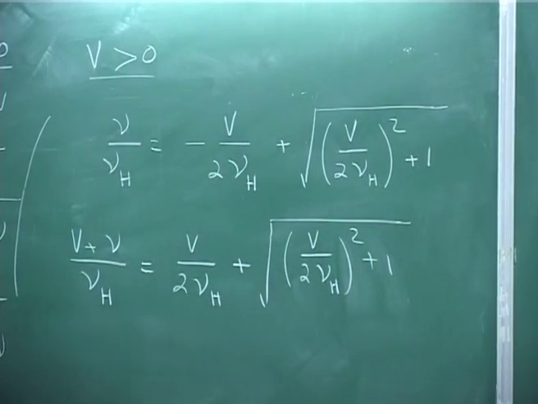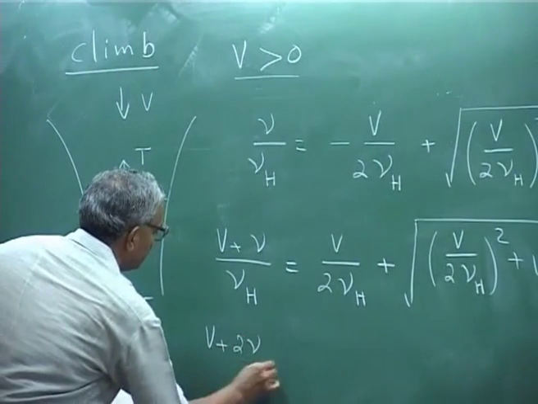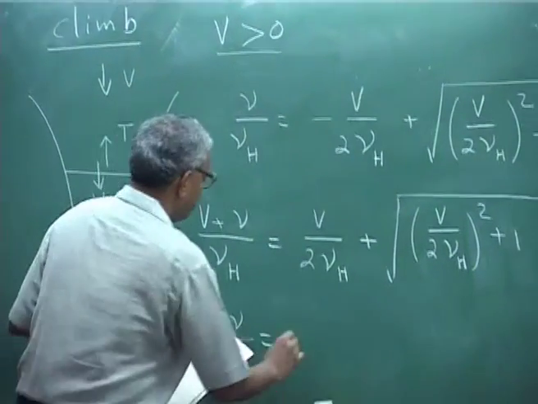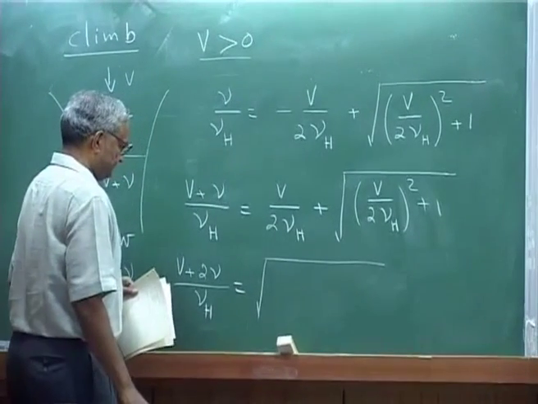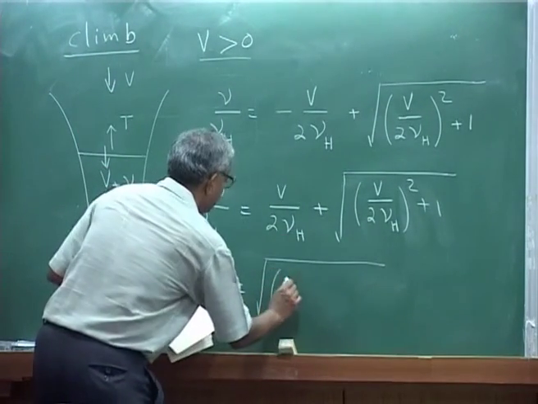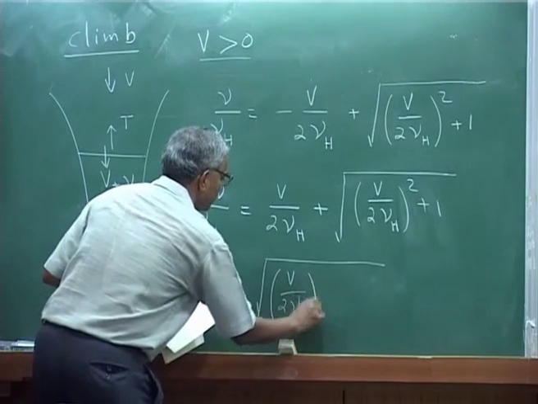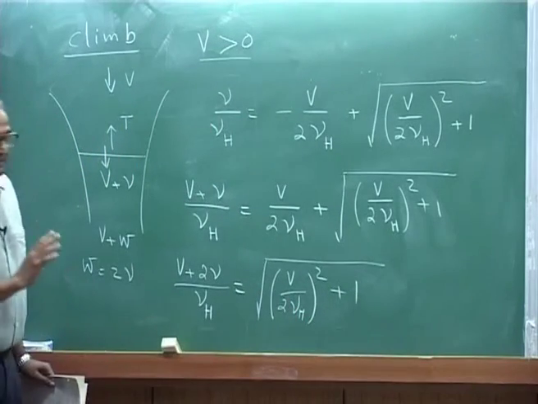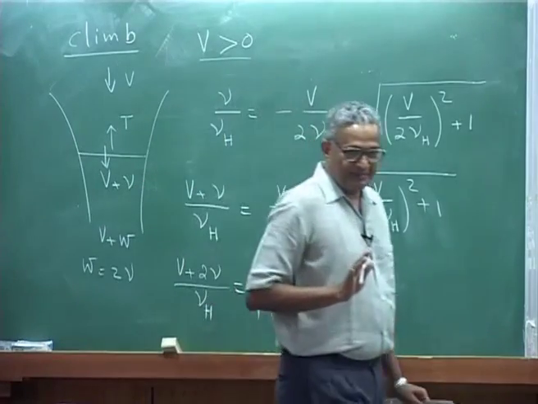And then the far field we wrote this V plus 2 nu. These are the expressions we got for the climb.